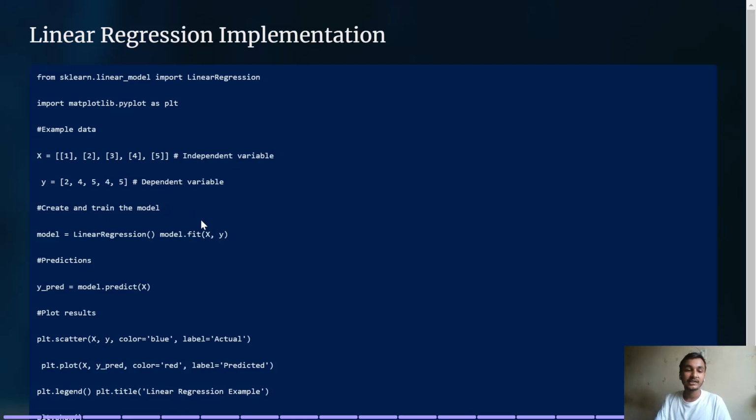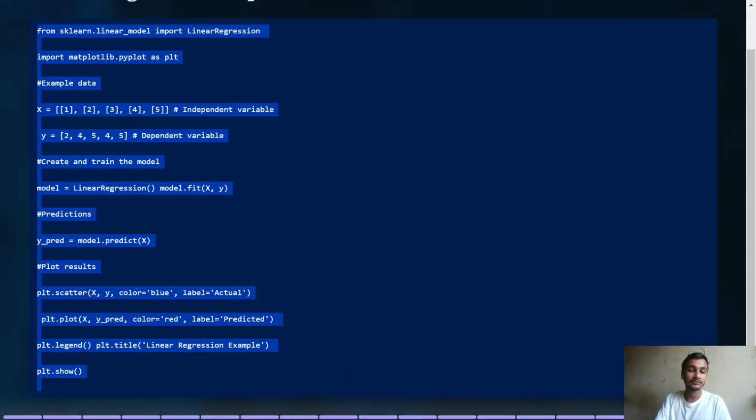Then we are creating and training the model: model equal to LinearRegression and model.fit(x, y). We are fitting the model with independent and dependent variables. Then we are predicting, then we are plotting the results, and let's move on to our Jupyter notebook.